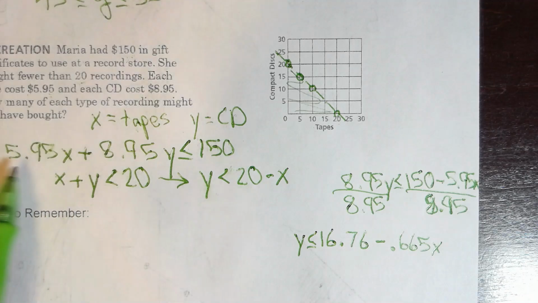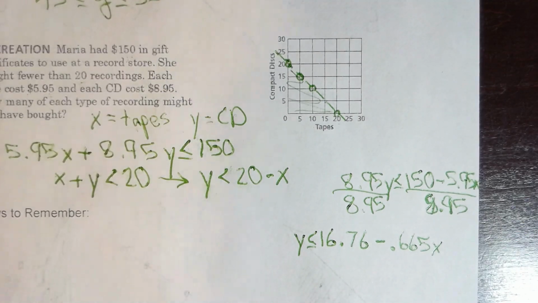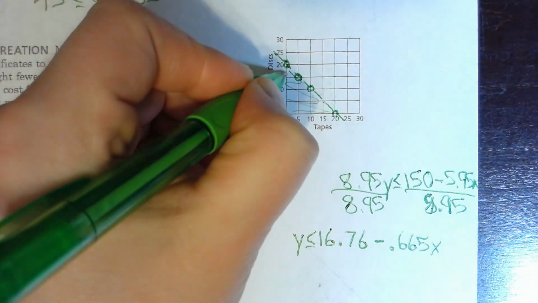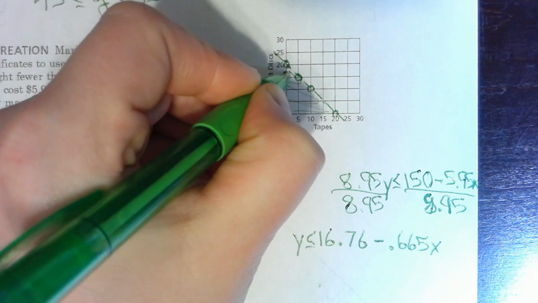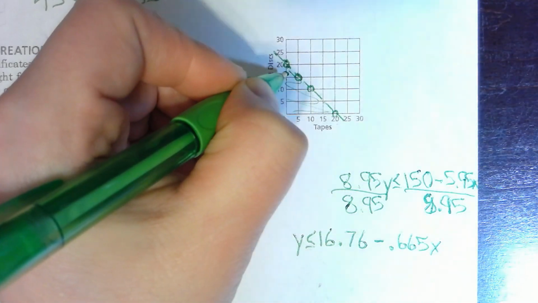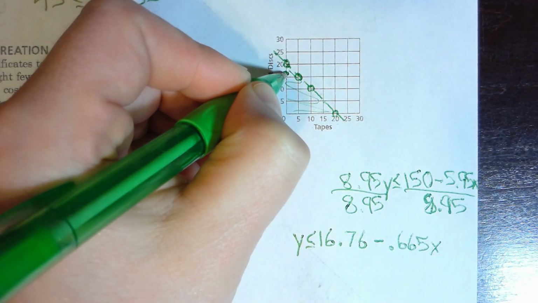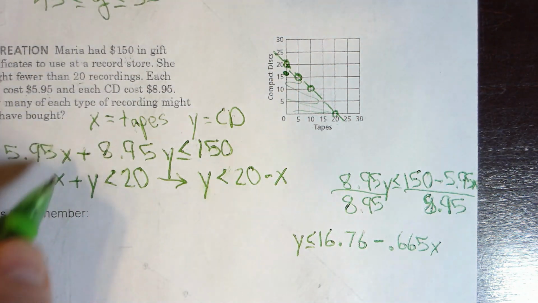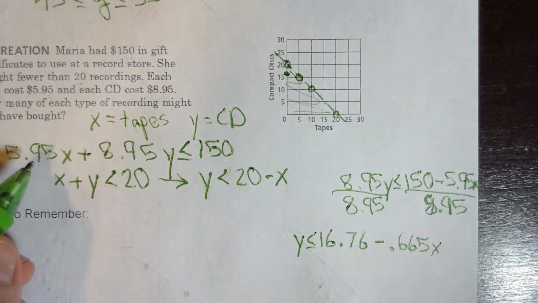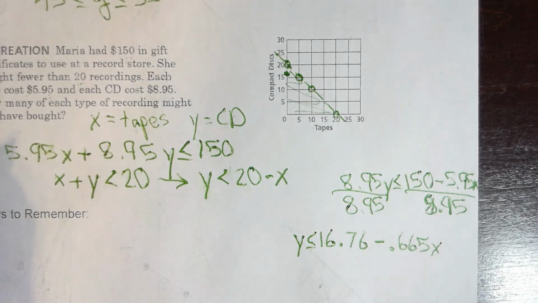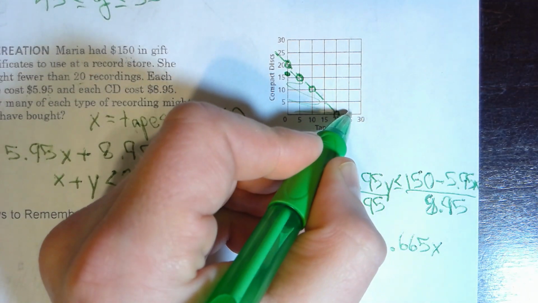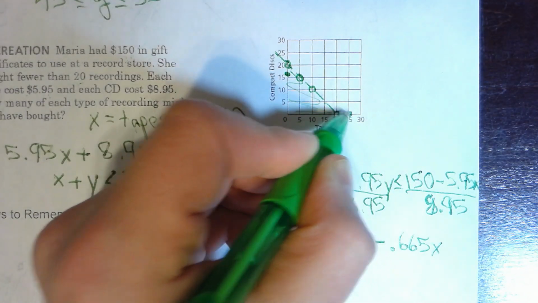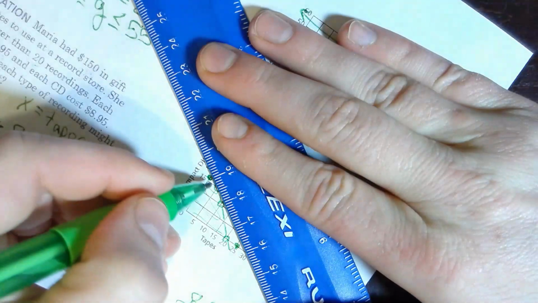So you might have wanted to try to use your x and y intercepts. That probably would have been just as well, but I'm going to get a closed dot somewhere here at 16, and this is going to go down like 67 cents and over 1. I'm really interested in what my x-intercept is here. If I do 150 divided by 5.95, I see that my x-intercept is about 25, just a little bit over. So that is going to help us make this line.